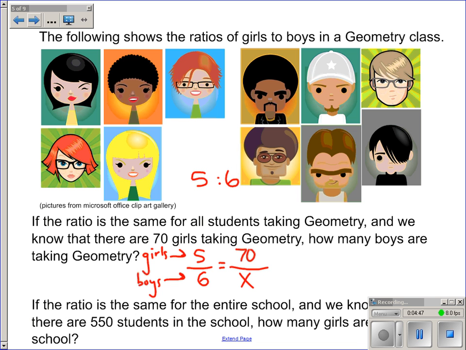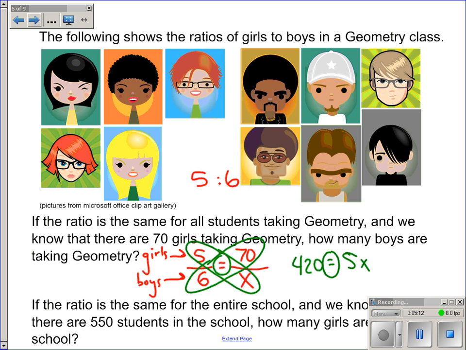Then I will solve this proportion. You probably are familiar with solving proportions, and we'll use cross multiplication. If I multiply 6 times 70, I will get 420. If I multiply 5 times x, then I get 5x. Notice that there's an equal sign in this equation and an equal sign in this equation.